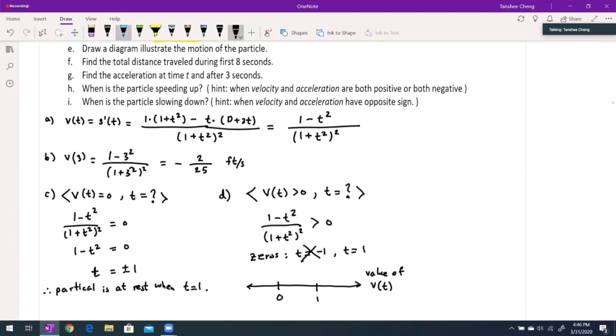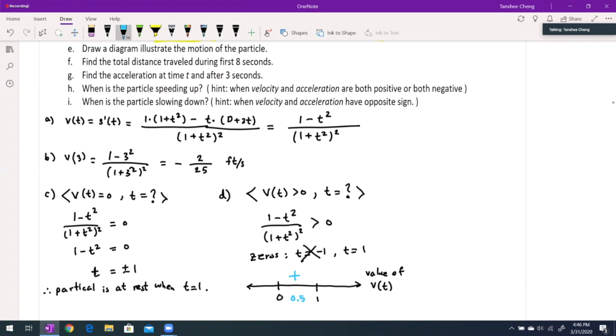Now checking the number 0.5 in interval number 1, I get a positive velocity, because when you plug in 0.5, the top part is positive and the bottom part is positive. So in this interval, I get a positive value.